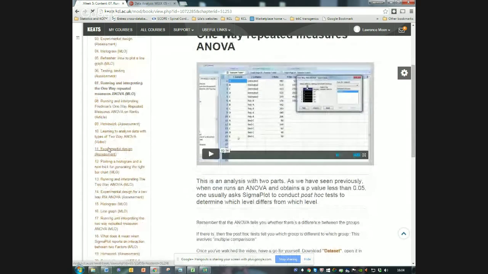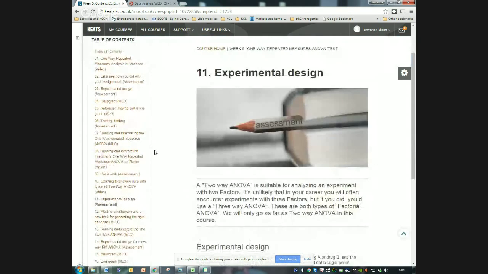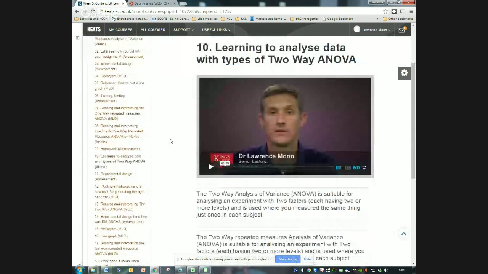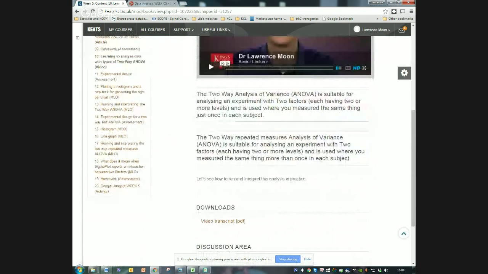Okay, now we move on to the two-way analysis of variance. On this previous page, what you'll see is the two-way analysis of variance is suitable for analyzing an experiment with two factors, each having two or more levels. For example, that might be age and gender. You use this where you measure the same thing just once in each subject.